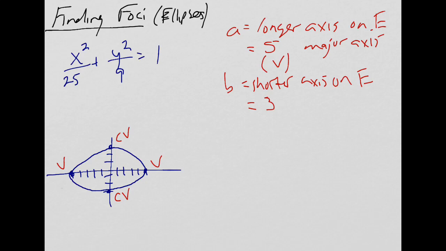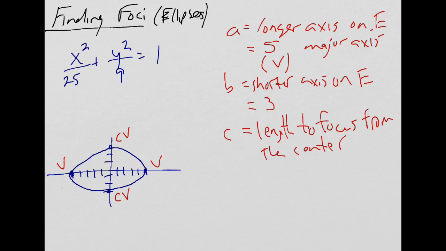The last length that I'm going to use is C. And C is going to be the distance, or length, from the center to the focus, to either one of the foci. So it's kind of like the p-value or the a-value, however we talked about it when we were doing parabolas.